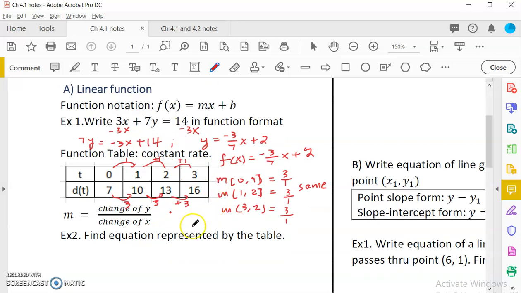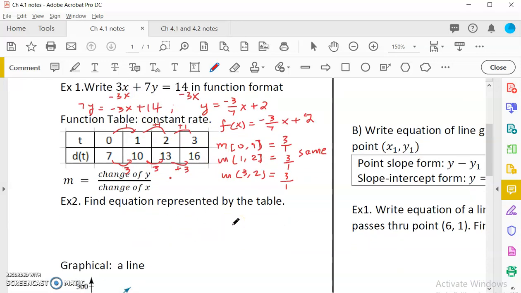So how can I find the equation, or find the function represented by this table? Earlier we said m is equal to 3, or you can just do 10 minus 7 over 1 minus 0, which equals 3. And then I have the y-intercept.